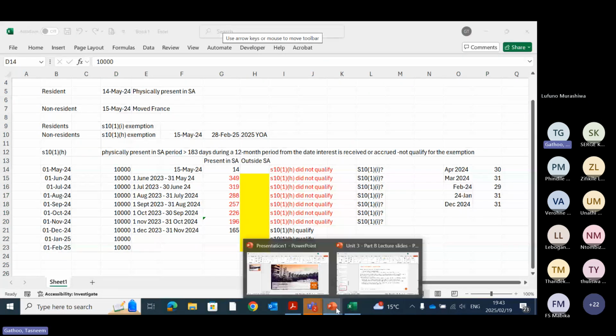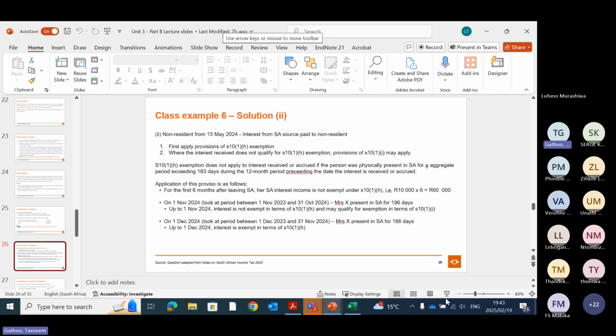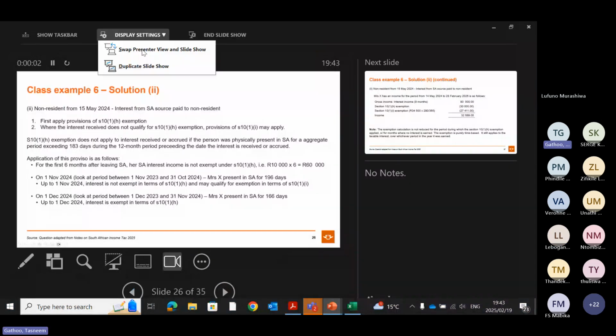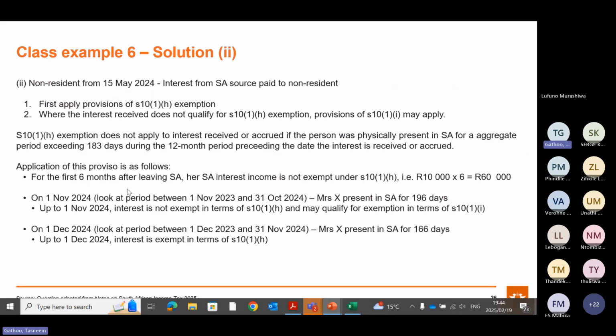So let's go back to this. You can see why for the first 6 months it won't be exempt under Section 101H, and up to November it won't be exempt in terms of Section 101H, so we look at Section 101I. Then from 1 December it's exempt in terms of Section 101H.